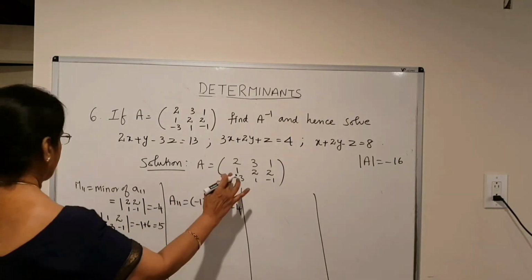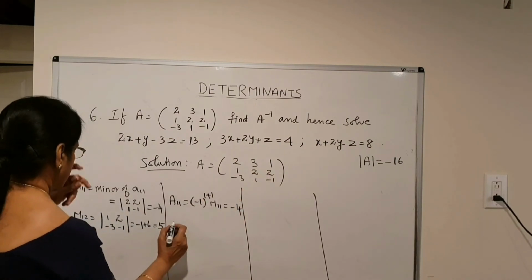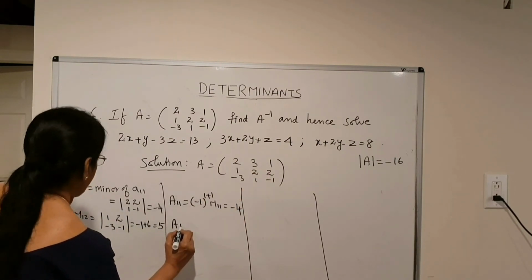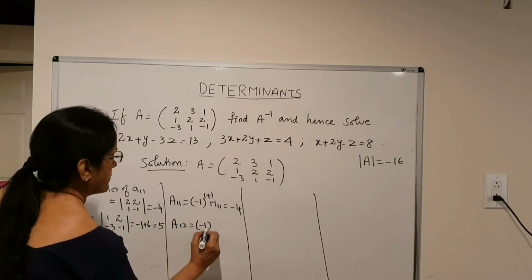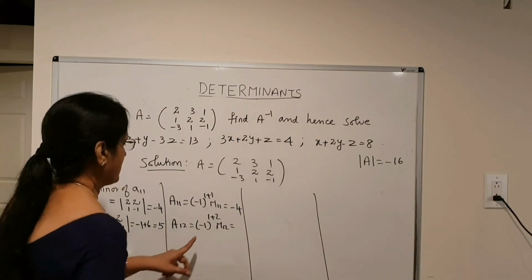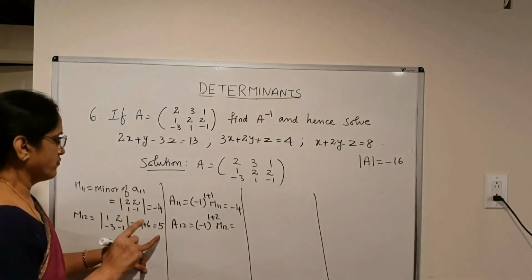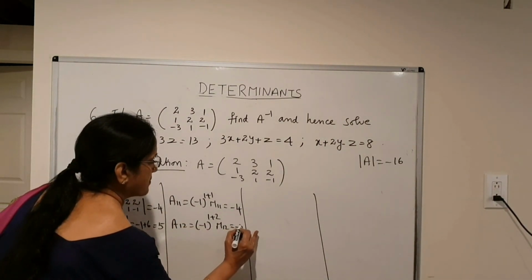Now let me check M12. So minus 1 plus 6, correct. Now the corresponding cofactor will be minus 1 to the power 1 plus 2 into M12. This will be minus 1 power 3, which is minus 1, into 5. So this will be minus 5.